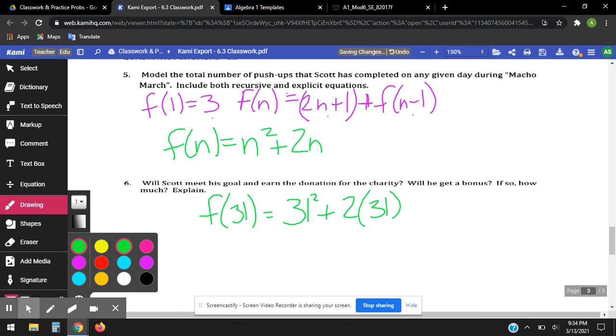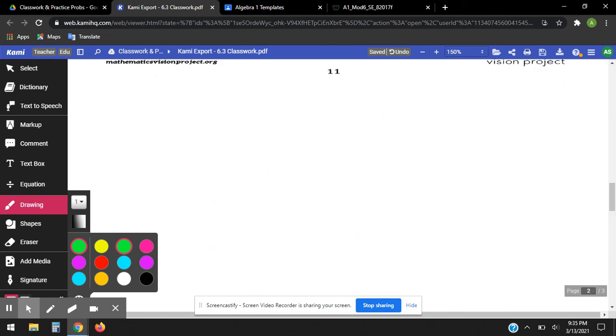Well, 31 squared, 31 times 31 is 961 plus this one is 62. So 961 plus 62 is 1023.